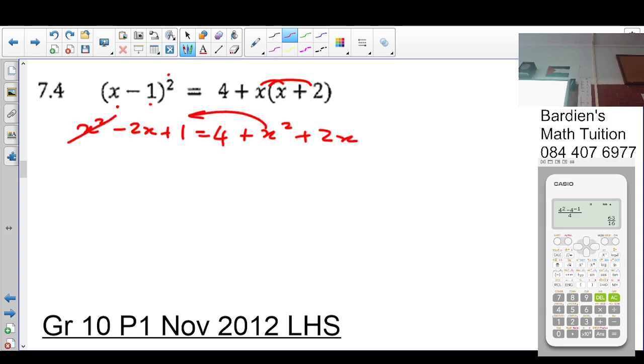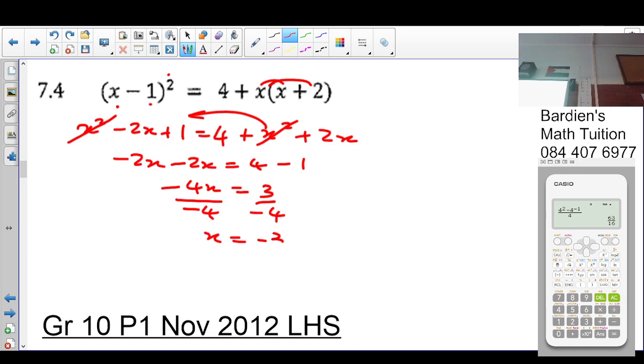Not so? It will cancel. So it becomes a linear equation. Okay. So x is one side, numbers the other side. So negative 2x minus 2x is equal to 4 minus 1. So negative 4x is equal to 3. Divide by negative 4 both sides. X is then equal to negative 3 over 4. Okay, any confusion there?